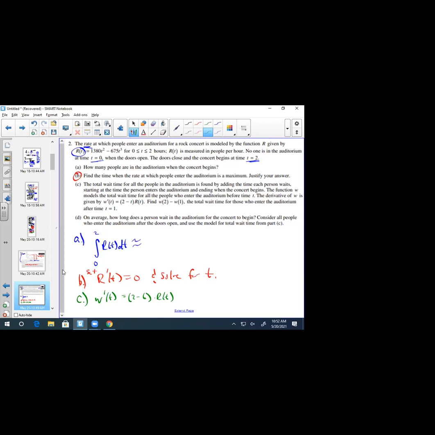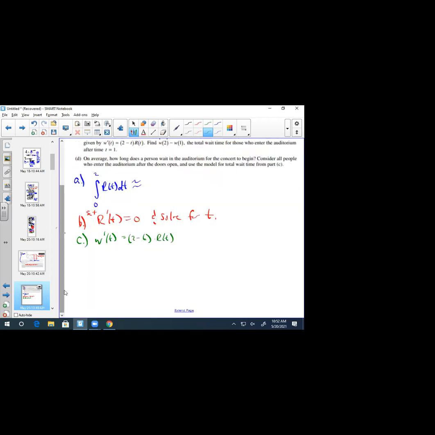So what they're asking in this part is find W of 2 minus W of 1. What does that represent? W of 2 minus W of 1. Integral? So what we're looking at is this, right?